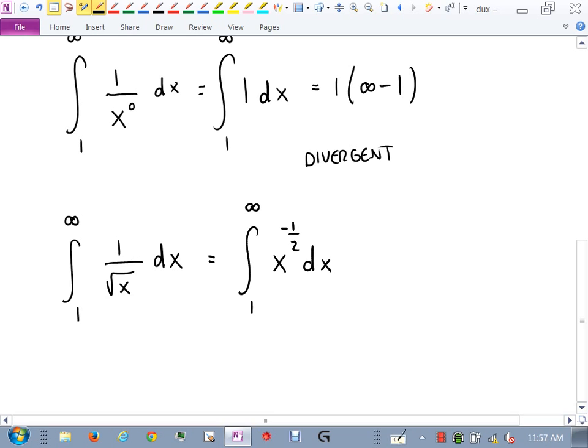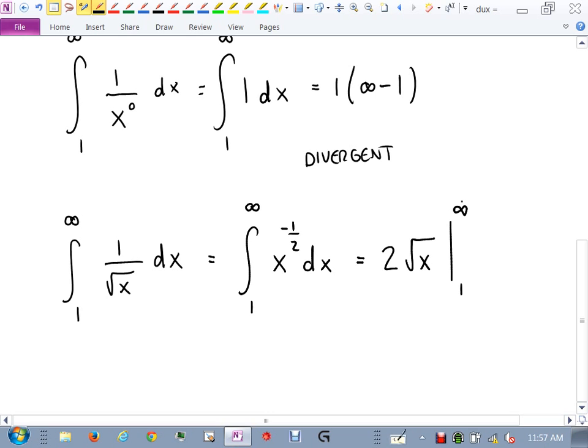Let's find our antiderivative here. The antiderivative of that is 2 square root of x. Good. Evaluated from 1 to infinity. Is the answer obvious from this now? Plug infinity in, what do you get?